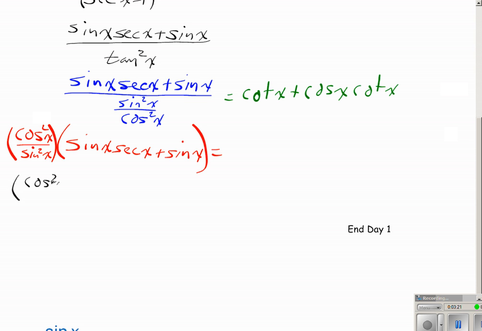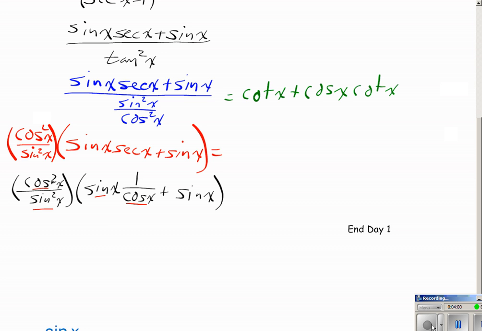So we have the cosine squared of x over the sine squared of x times sine x times 1 over cosine x plus sine x. So now if we distribute, we see that a sine is going to cancel here and here, and one of the cosines is going to cancel here and here.